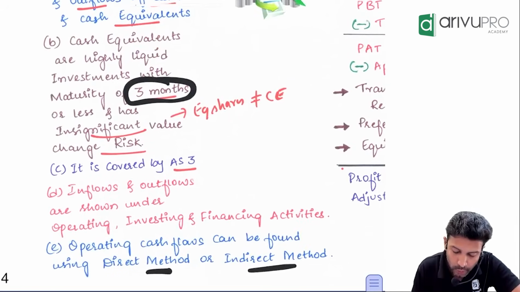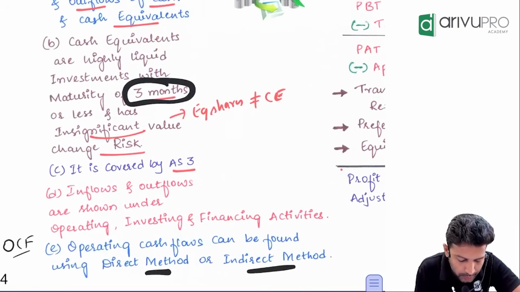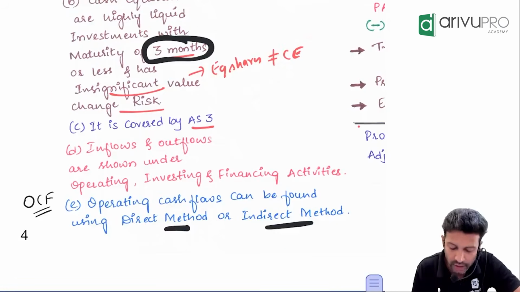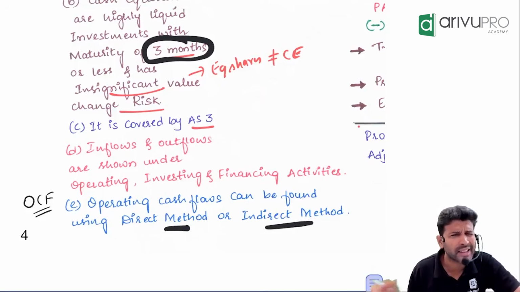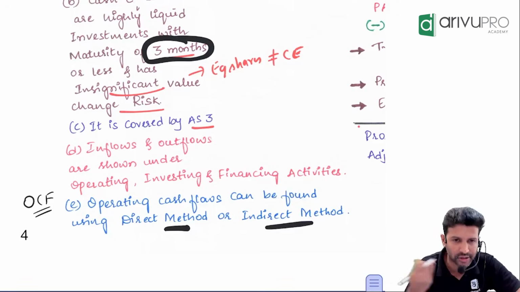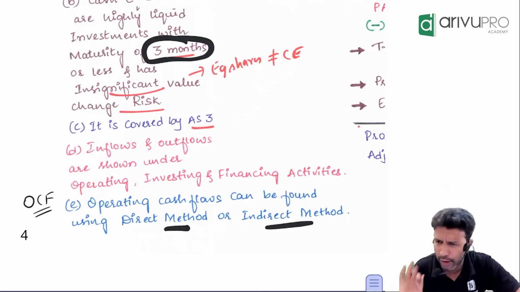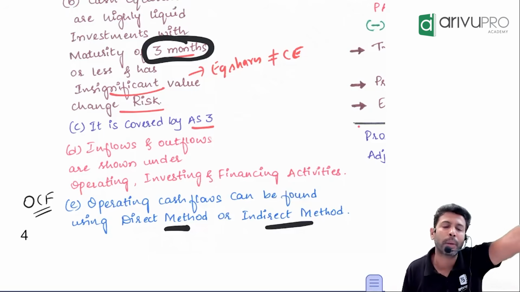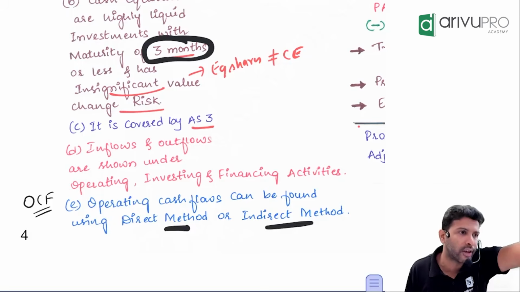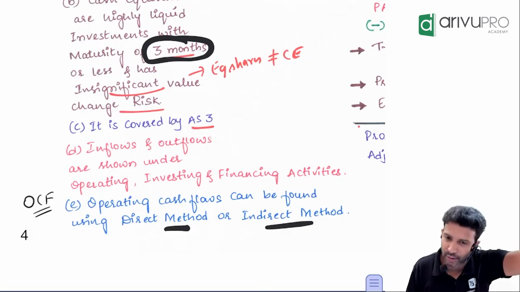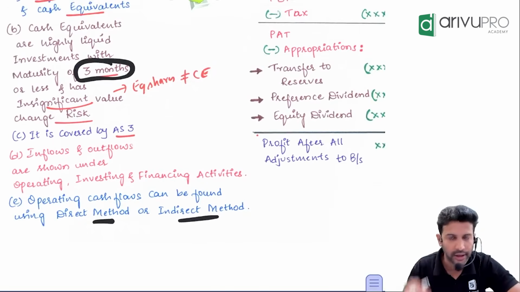Operating cash flow I'll call OCF for class purposes. Practically every company uses the indirect method because it is easy and format driven, but you can also go for the direct method. In exam, you check what is asked and then do it. Don't do your favorite thing.